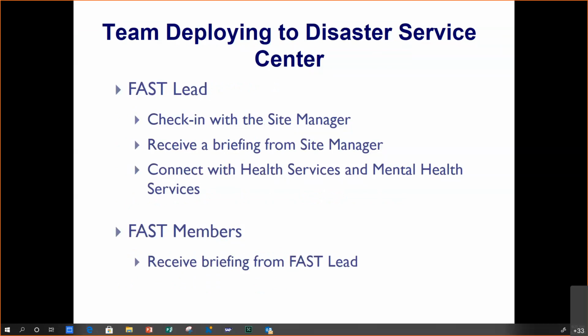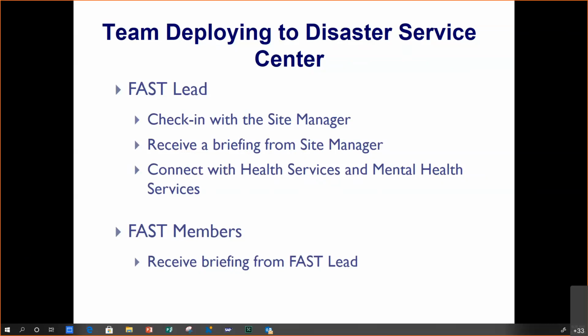So sometimes when the team lead checks in, they may have to just briefly describe what the function of the FAST team is. Mostly just that you're there to work in conjunction with them, as part of their team, to ensure that the shelter and all the residents at the shelter are taken care of.